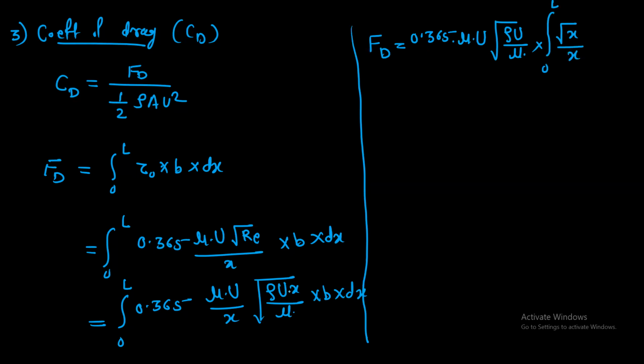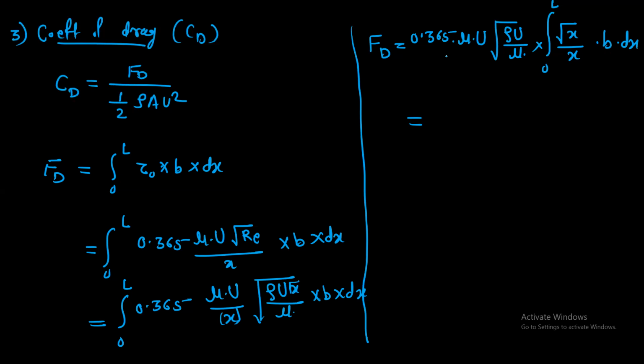So root x and divided by this x, into B into dx. B is also constant. You can take it out of the integration.